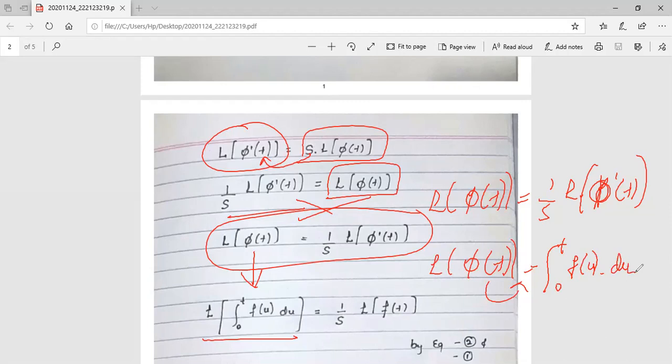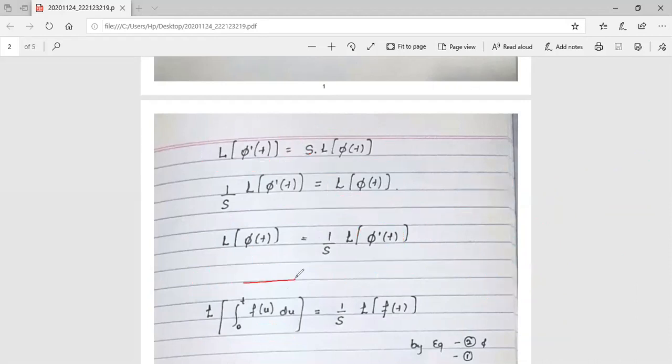So instead of writing phi of t, we write integral over 0 to t of f of u du, and the remaining function as it is: 1 by s into Laplace transformation of f of t, by equation number 1 and 2.